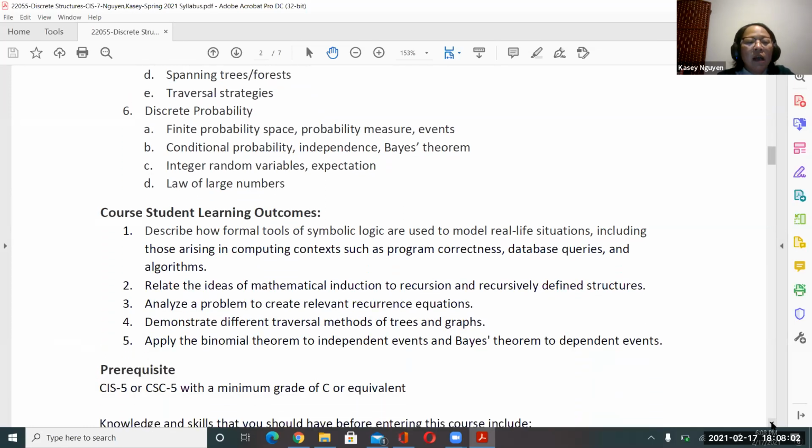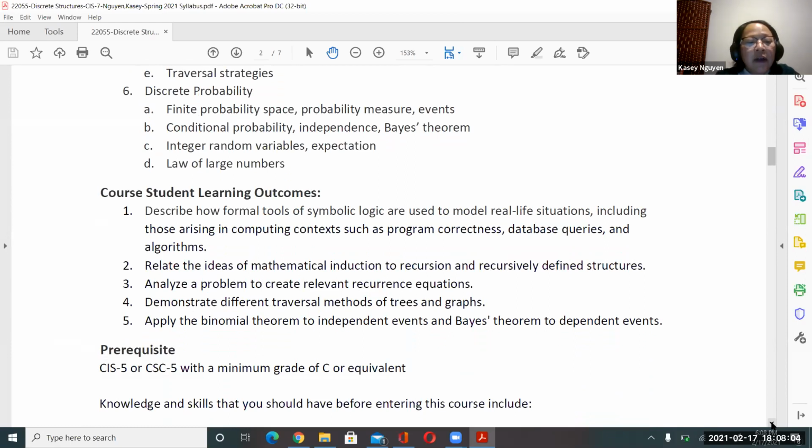So for the student learning outcomes, these are the things that we will be able to achieve. We would be able to look at tools for logic and also real-life situations, including computation context. And I have a course project in my class. So by the end of this class, you will write a C++ program that's going to simulate a real-life situation.